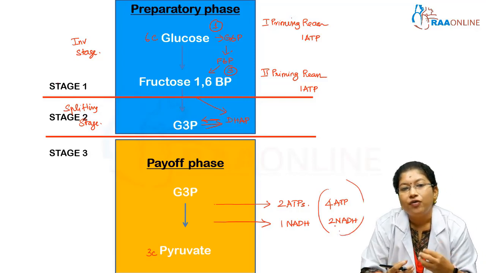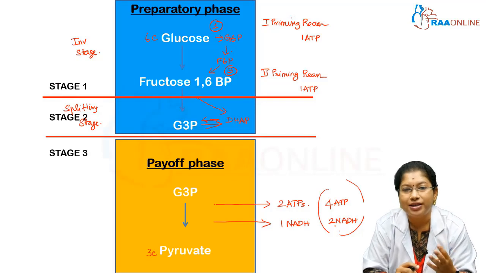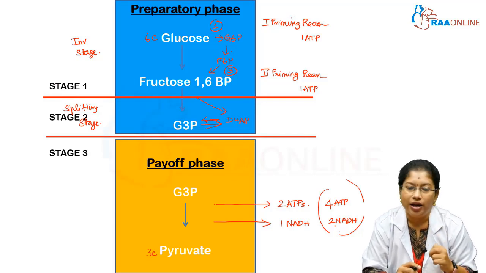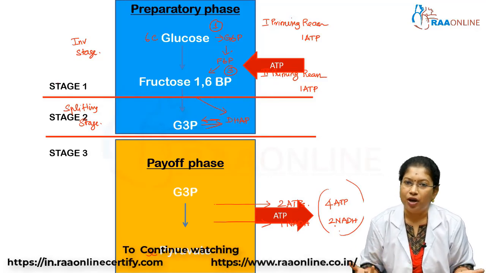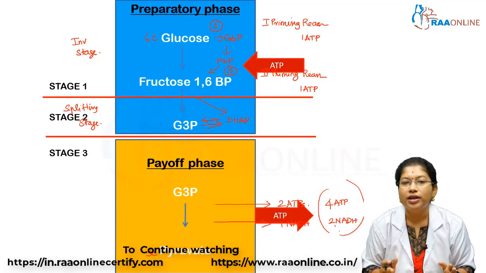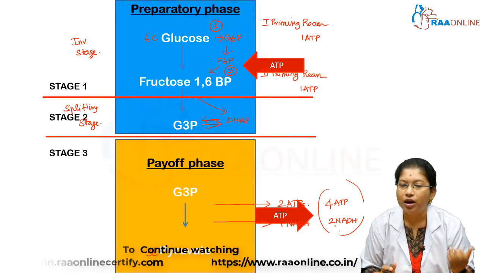Totally we are investing 2 ATPs and getting back 4 ATPs and 2 NADH. This is what happens in the preparative phase and payoff phase. We are investing ATP and taking back ATP from the payoff phase.